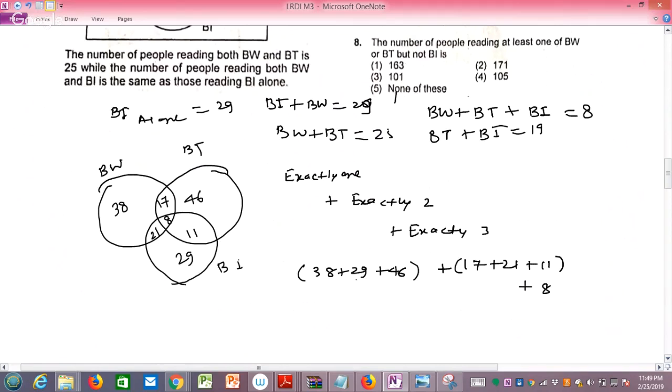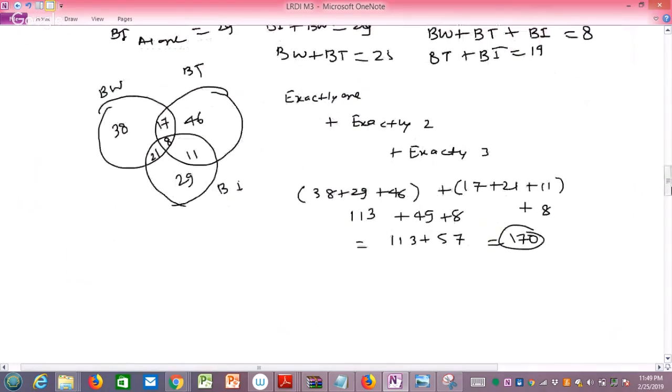Total I'm getting is 113 plus 49 plus 8, which is 170. So 170 are reading at least 1, 2 or 3 magazines. Total people surveyed is 240, so 240 minus 170 is 70. The answer will be 70 here.